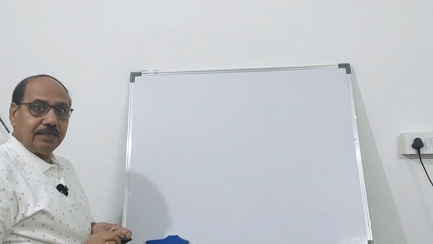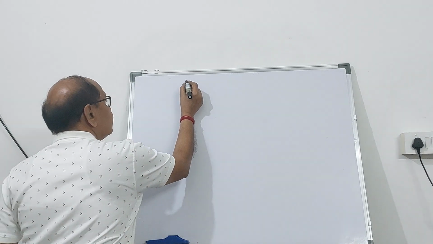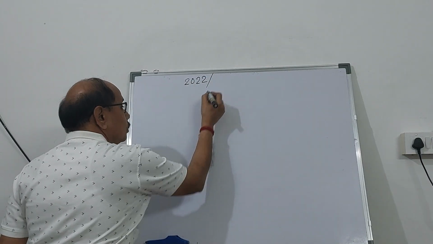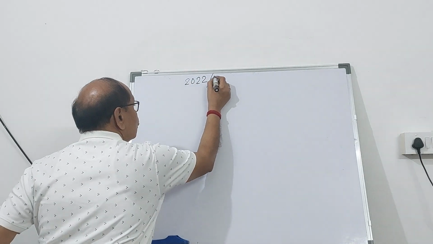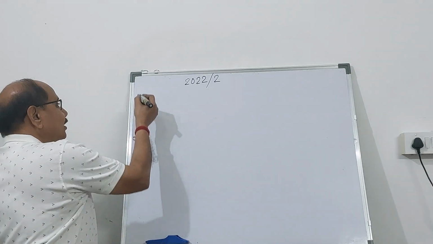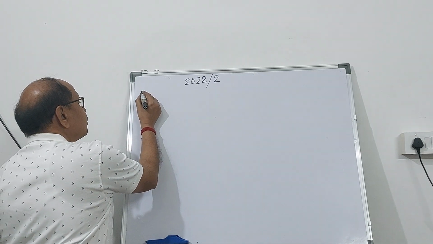So friends, now the next problem is like this: 2022, and this is a Set 2 GATE problem. Here, many options are given to you in this problem.